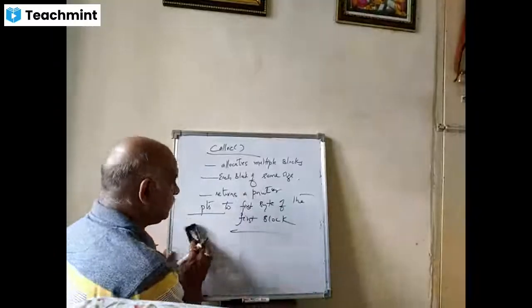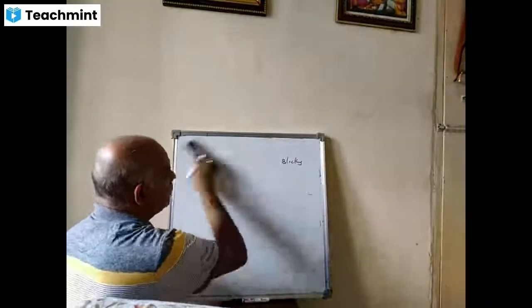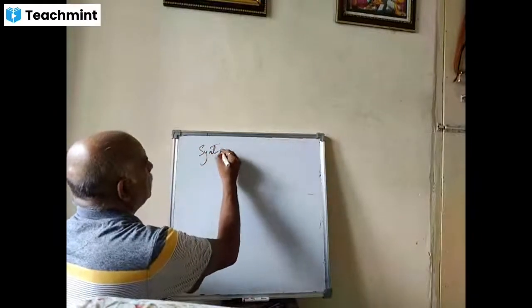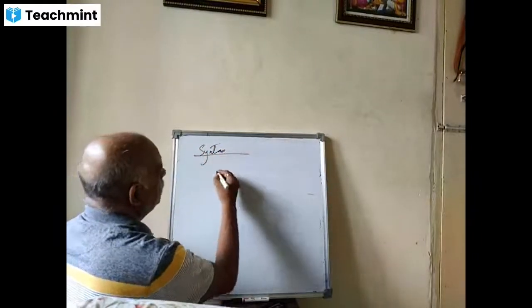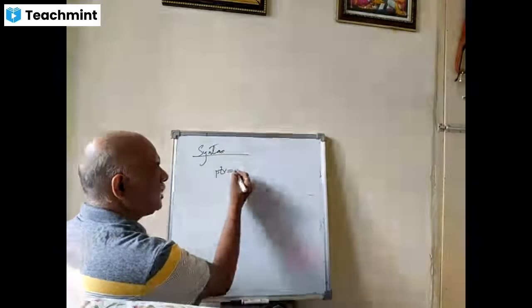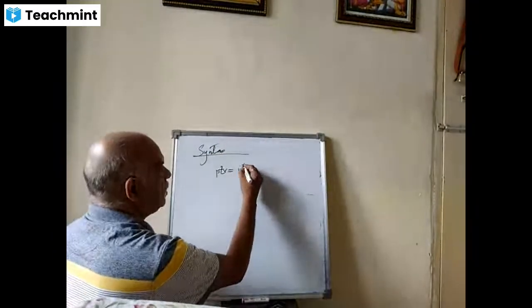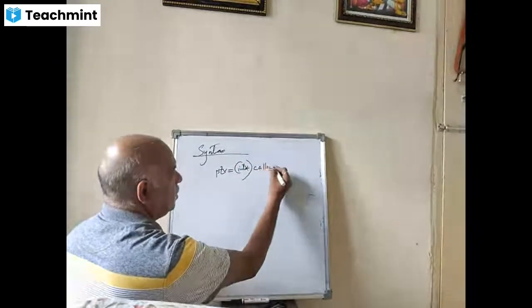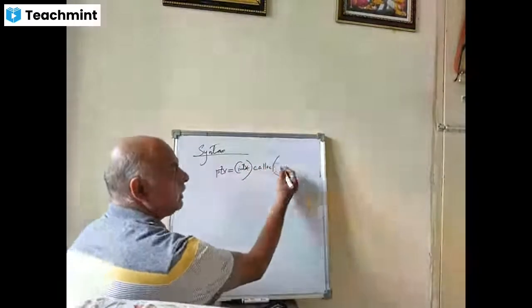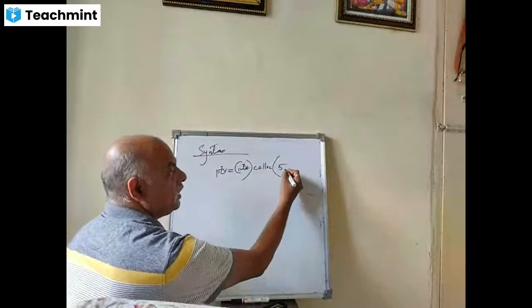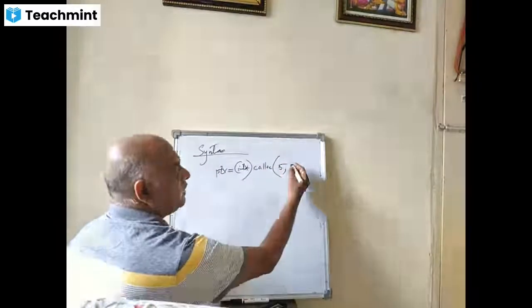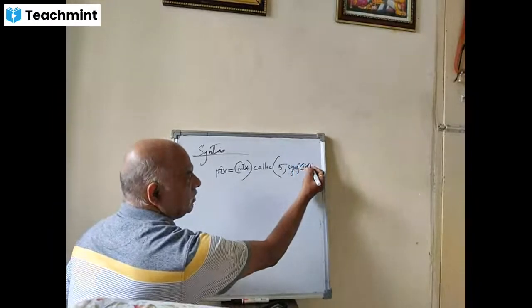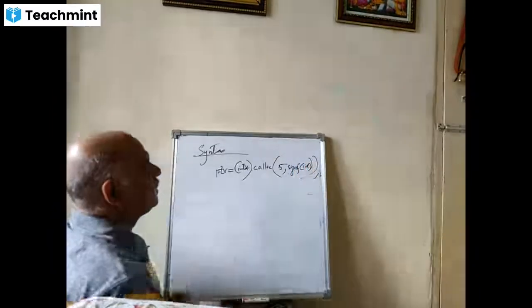And what is the syntax? I will write the syntax. Same here. PTR is a pointer pointing to the first byte of the first block. Assume that all are integers. Then int star calloc. For example, there are 5 blocks: 5 comma size of int.